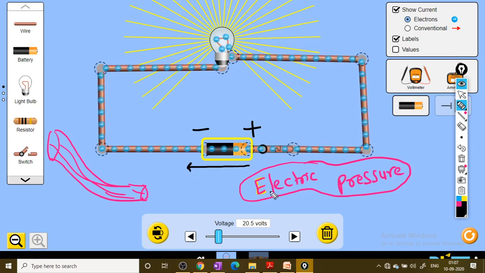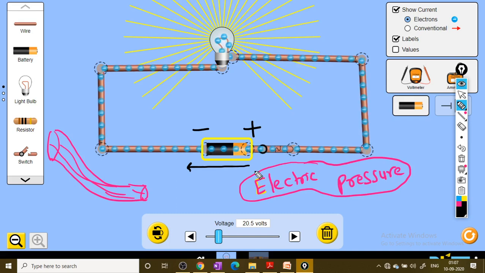Why are they moving from positive to negative? Because of the cell, or battery, as I am supposed to call this. Let me say the difference between cell and battery. A battery is a combination of cells. A cell is single, but a battery is a number of cells.